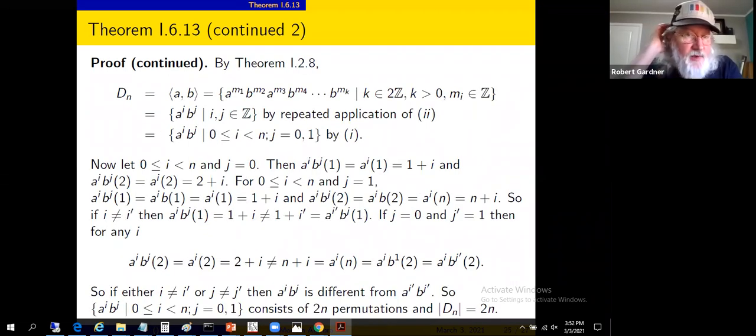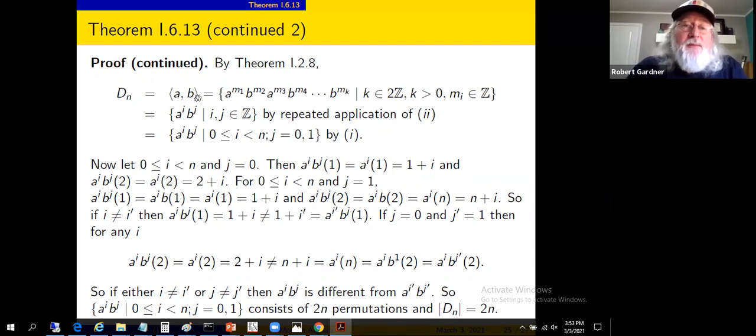Now, what we need to do is deal with the fact that they generate a group of order 2n. For that, we need to go back to theorem 1.2.8. Theorem 1.2.8, you might pause and go look it up, tells you when I have a set of elements that generate a group, what the elements of the group look like in terms of those generators.